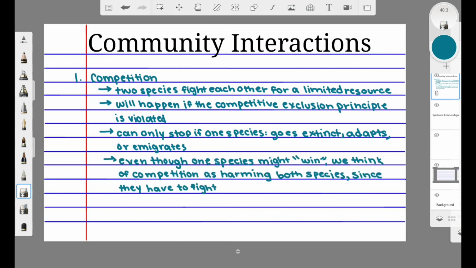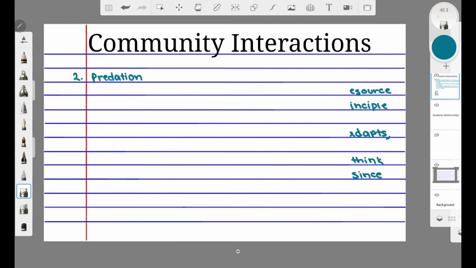Even though one species might win, as in they got the resource, the other species either went extinct or they adapted to eat something else or they left the area, we still think of competition as harming both species, just in that aspect of they had to fight for that resource.